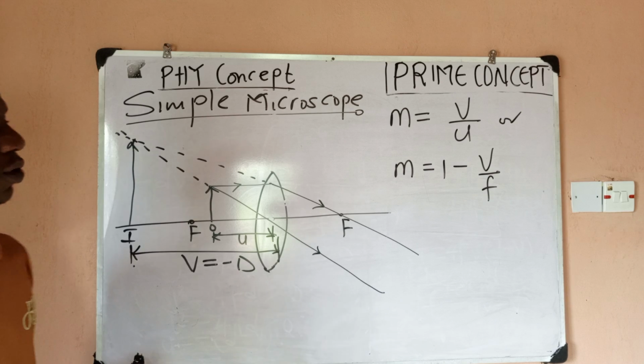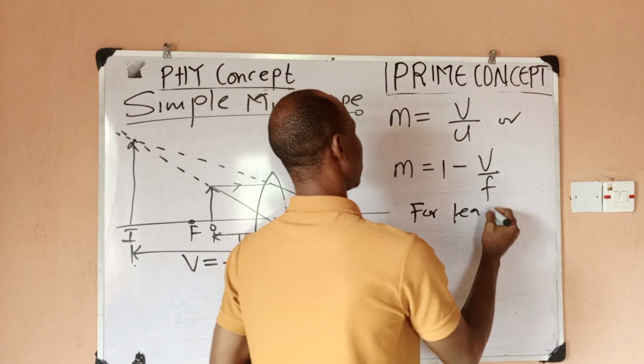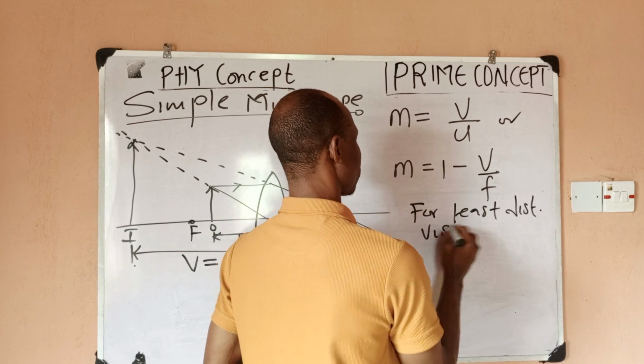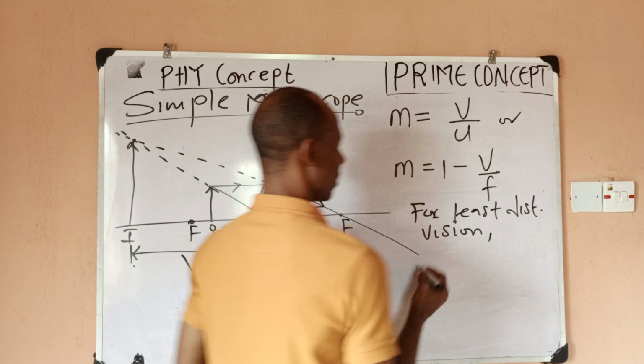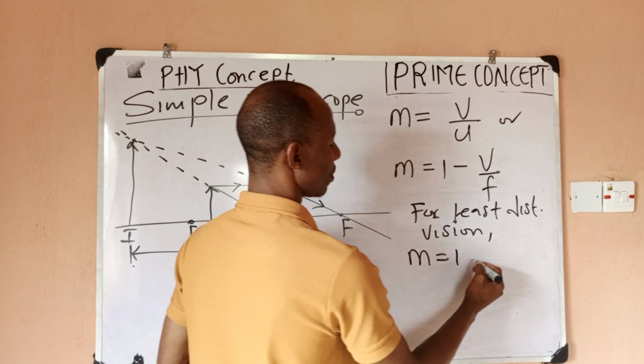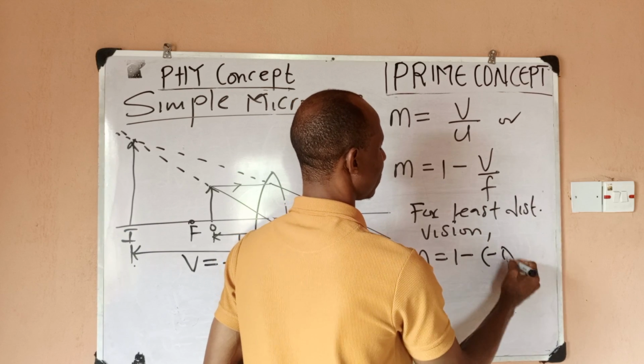So if we consider the least distance of distinct vision, then our magnification m is going to simply be 1 minus, my v now is minus D, all divided by f.